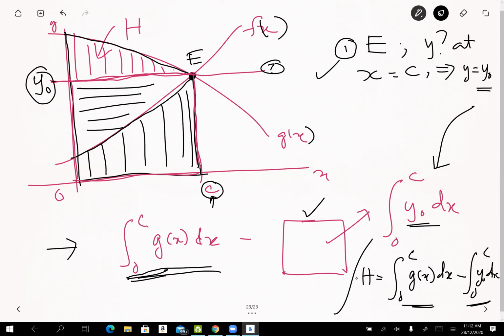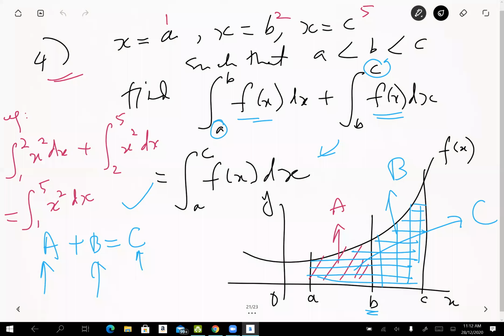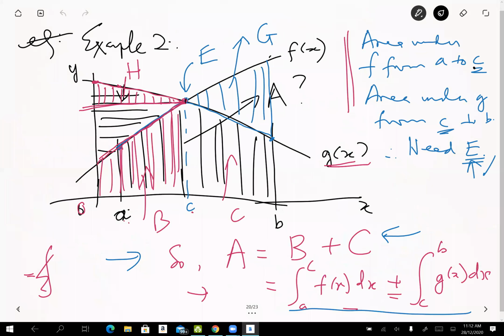If I can find another area. Okay, go back to the diagram. Kita tengok balik original diagram.